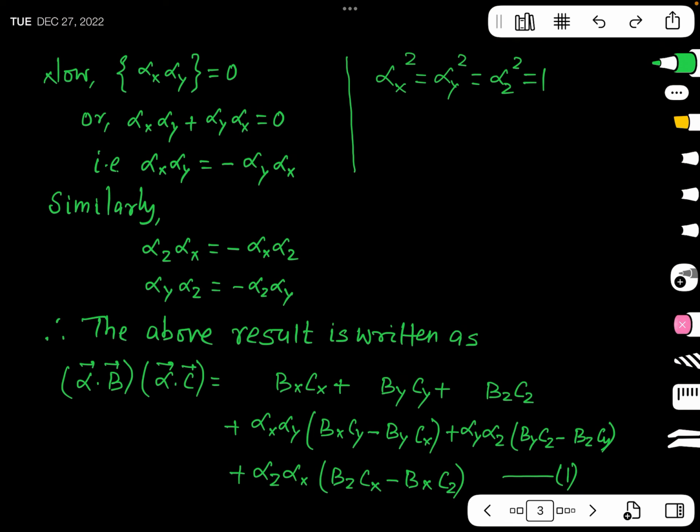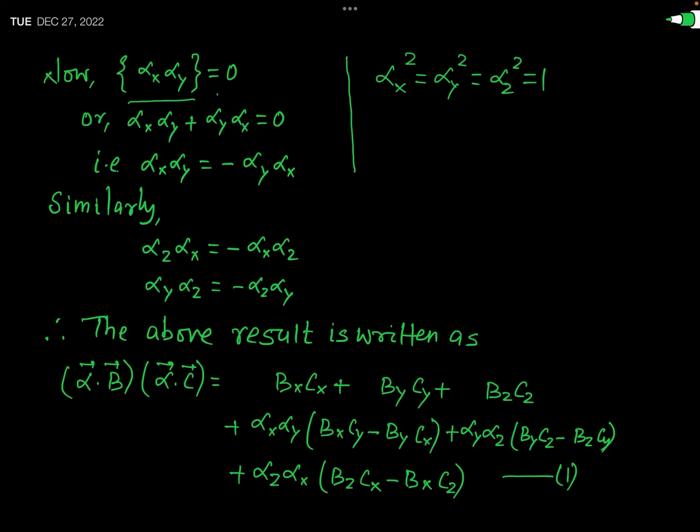You have seen in the earlier lecture that the anti-commutator of alpha x alpha y is equal to 0. Okay. And it means this is the anti-commutator. Okay. And this is alpha x alpha y plus alpha y alpha x equal to 0. And so alpha x alpha y is equal to minus alpha y alpha x. Already you have learnt this fact in your previous lecture.